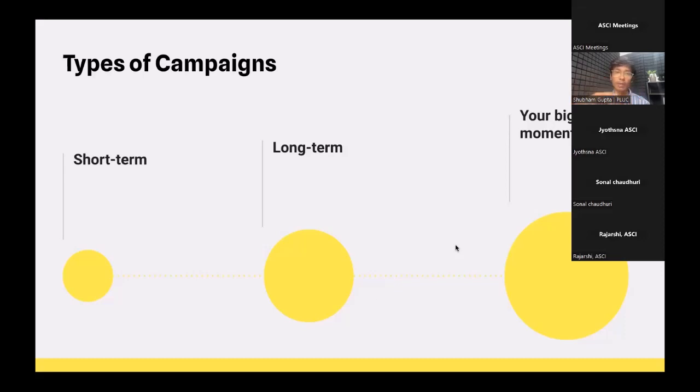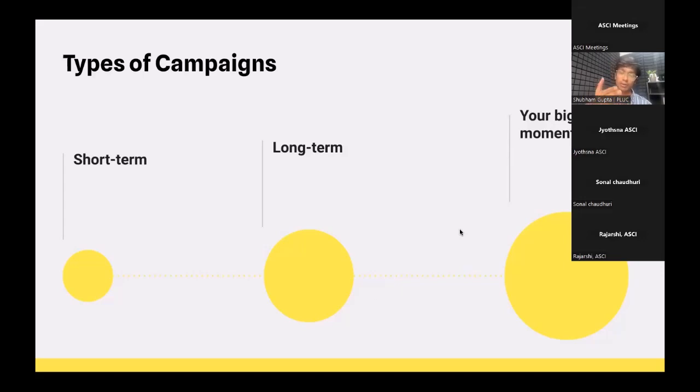Second is the long-term campaign. Long-term campaigns are basically six months, more than three months, where you're not designing only messaging about what you're going to say to the public, but also what the intervention will be, how you're creating a big movement.